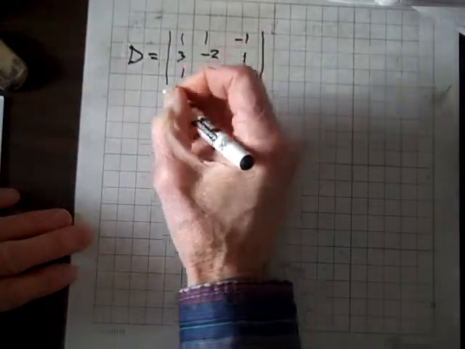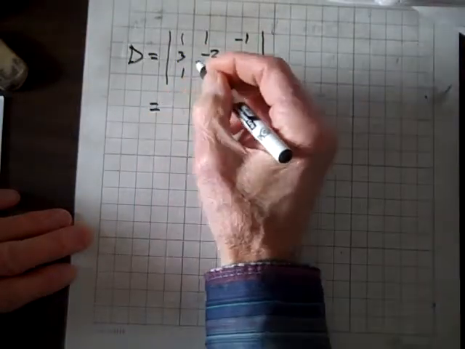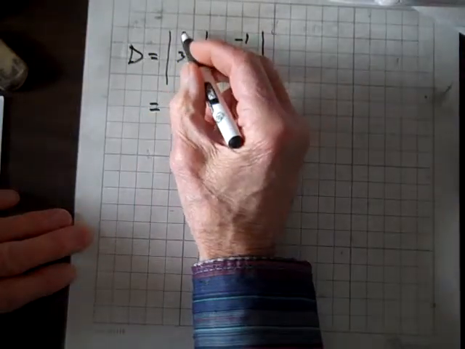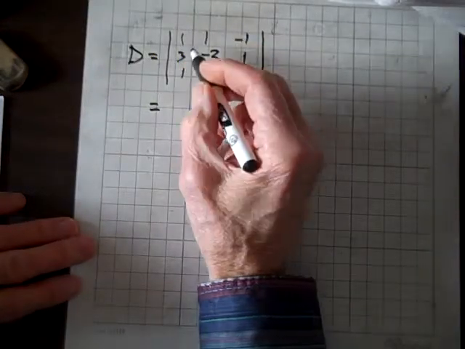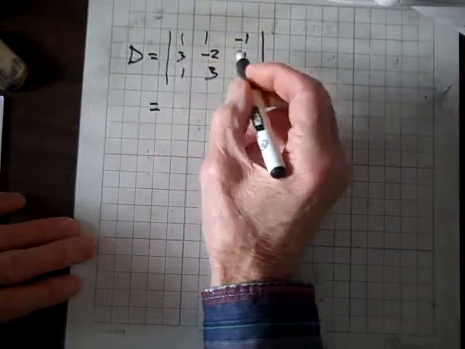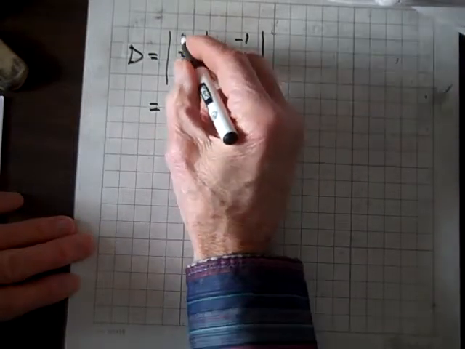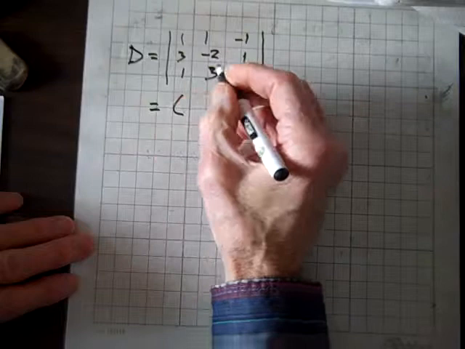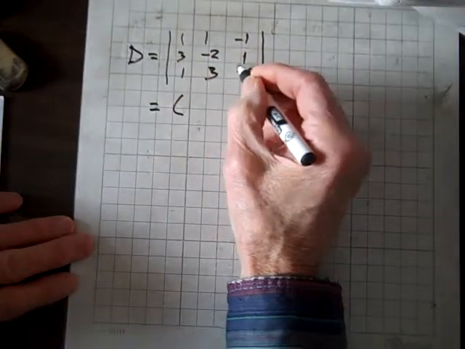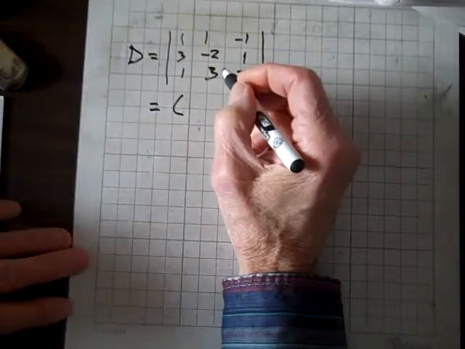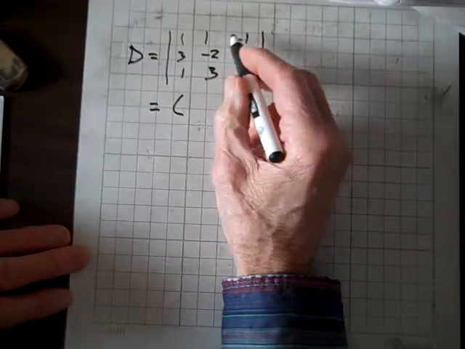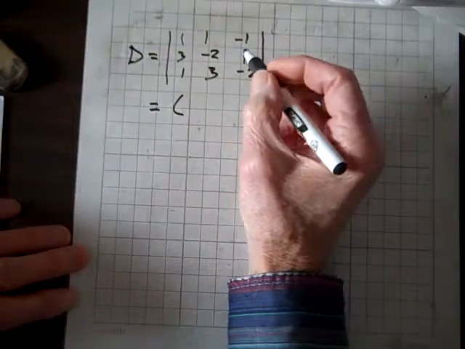And that equals, our cofactor signs go plus, minus, plus, and so on. So plus 1 times, and the minor is the determinant formed by the 2 by 2 involving all the values that are not in the row or column containing the cofactor.